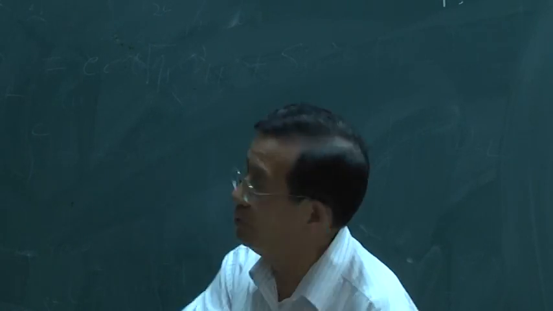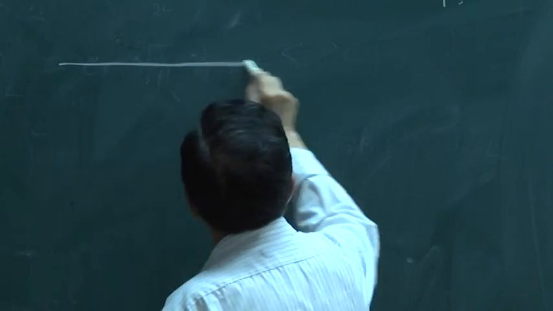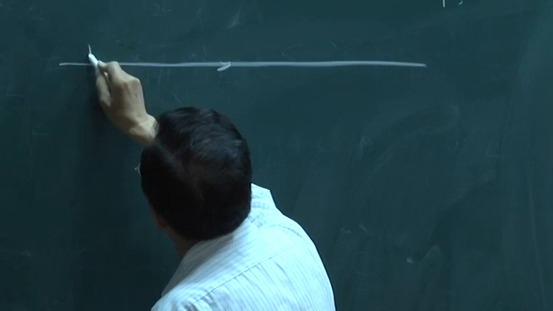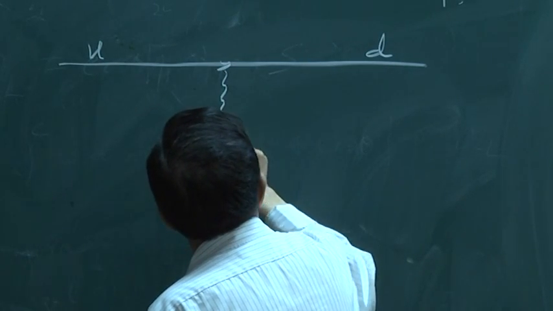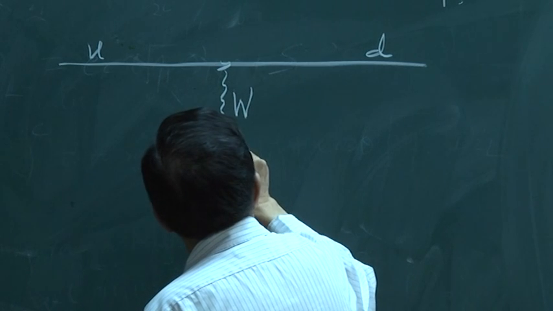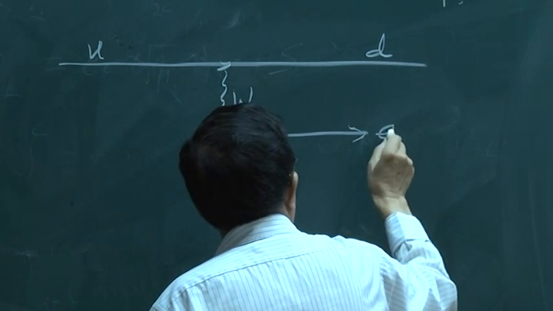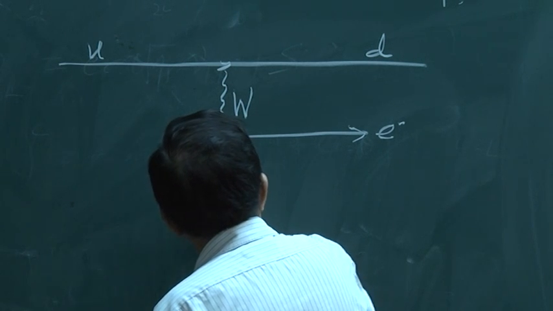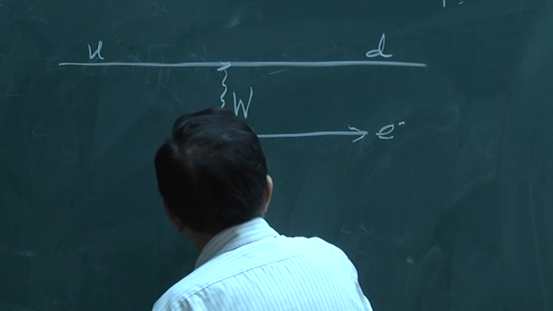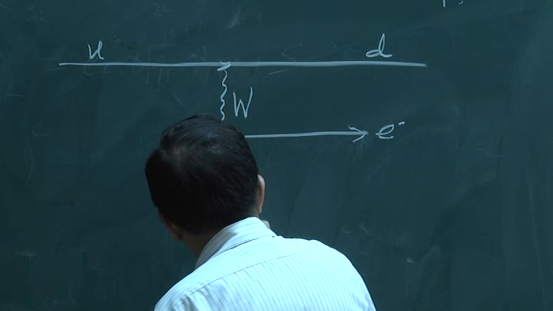And that can only be drawn as a Feynman quark diagram. So this is the U quark, and this is the D quark, and then emit the W, and then come out the electrons. And then there's a neutrino coming in this way.